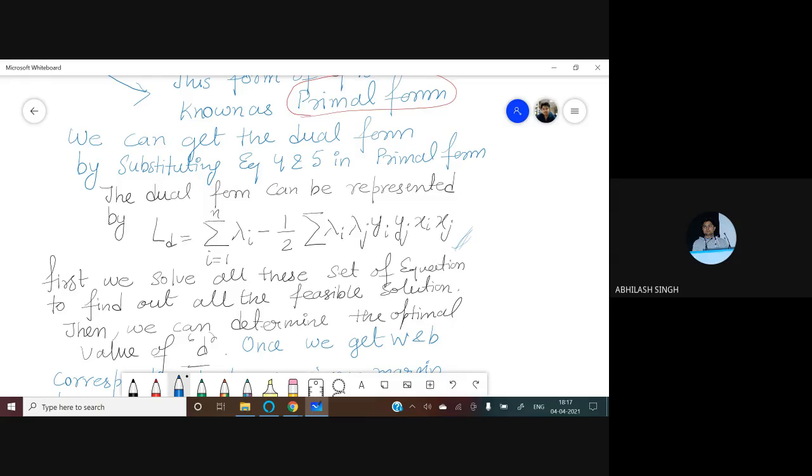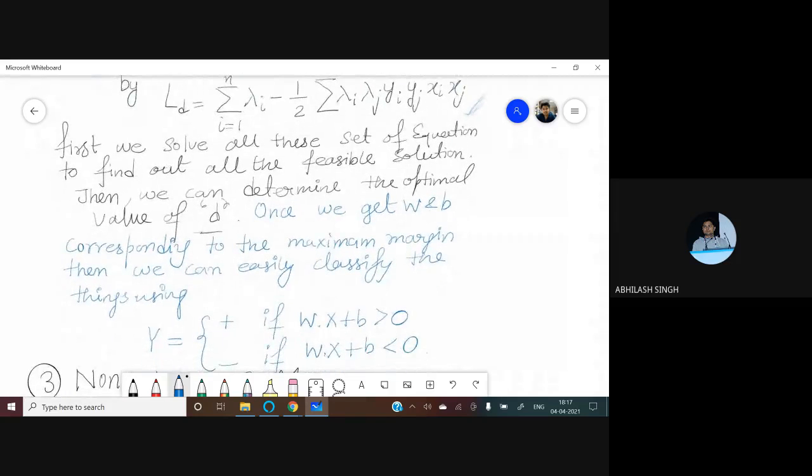I just want to conclude here that for a linear case, first we will solve LP with the KKT constraints, all the equations, and try to find a feasible solution. A feasible solution is one that provides a possible hyperplane, and then we select the feasible solution that gives the maximum d.